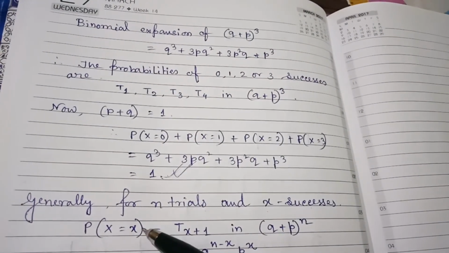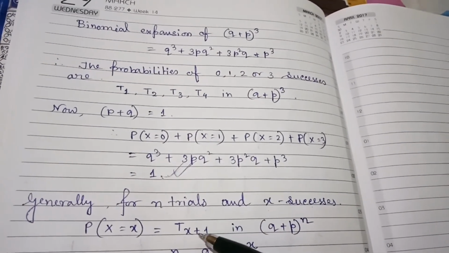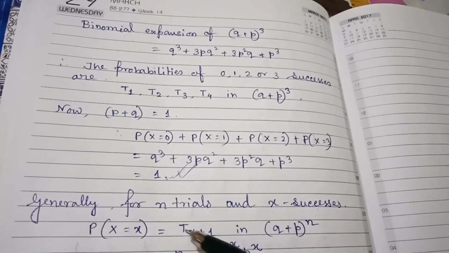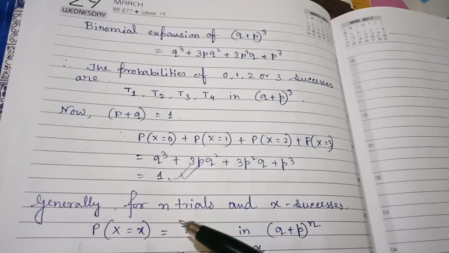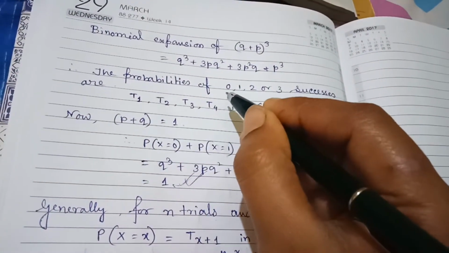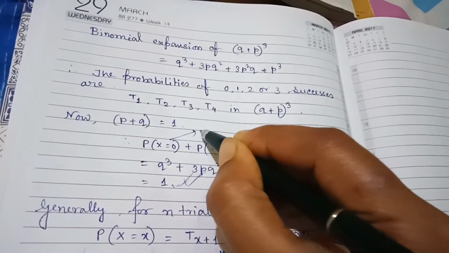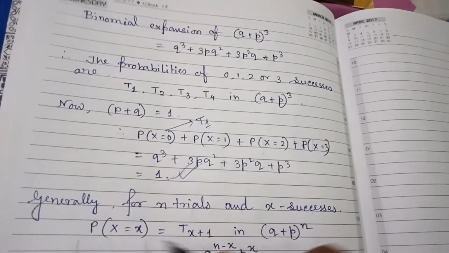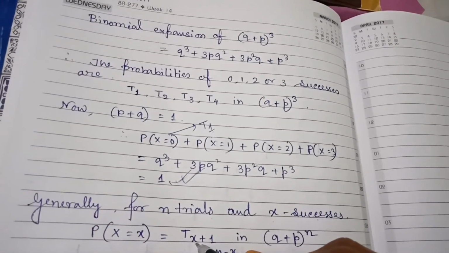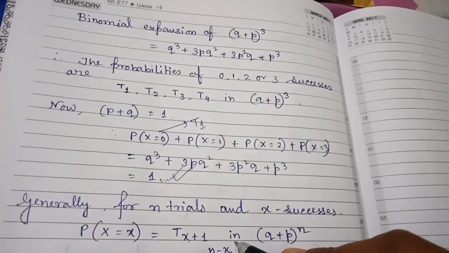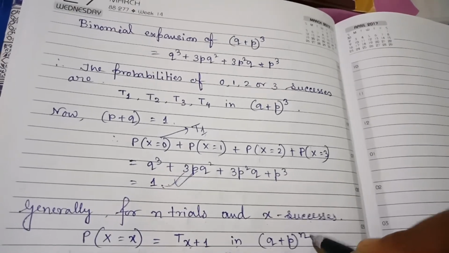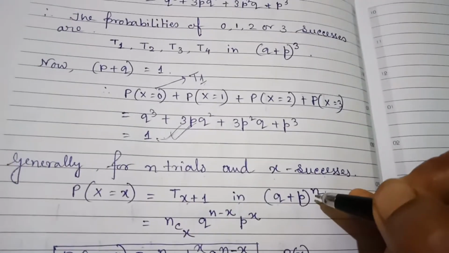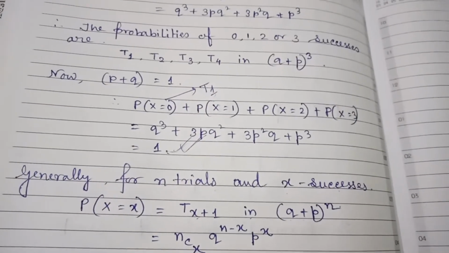So P of X equals to x will be the x plus 1th term, the next term actually. Here it will be x plus 1, as we have just taken this, T1 for 0 and T2 for 1. So here it will be x and x plus 1. And which expansion? The expansion will be (Q plus P) to the power n, not 3. That was an example. Now we are doing it generally, so this is n.